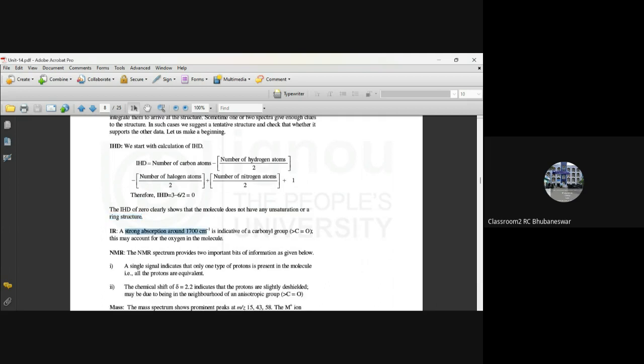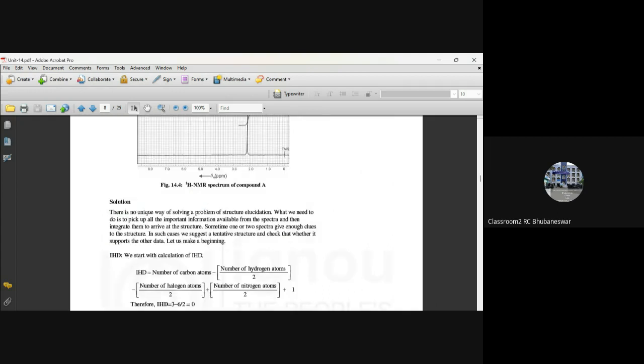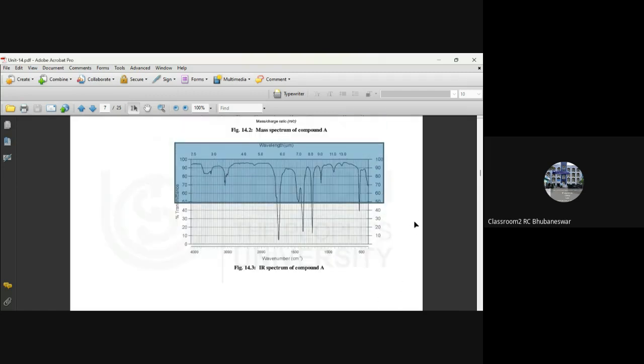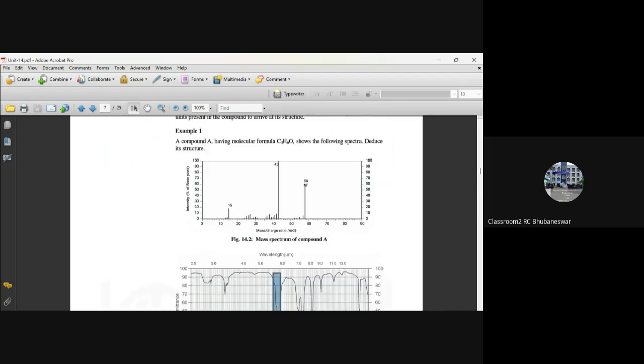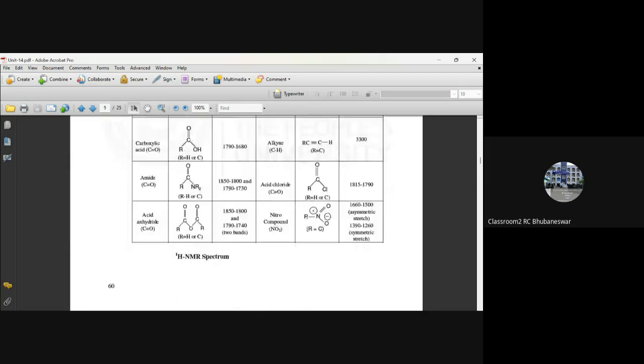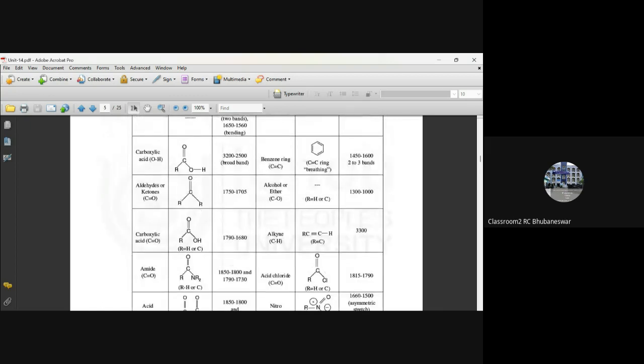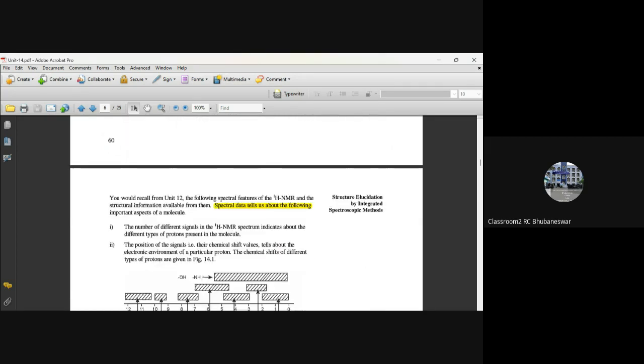A strong absorption band in IR we observed at 1500 to 2000, exactly at this 1700. You have to remember a little bit of concepts and functional group information.